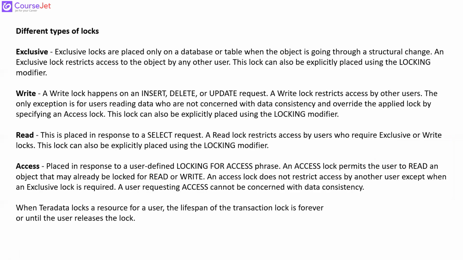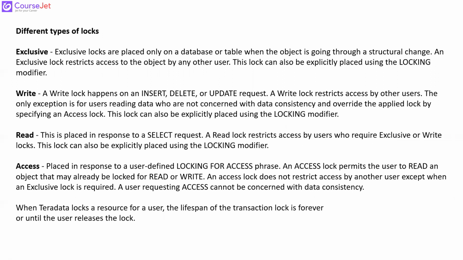So these are the different types of locks we saw earlier. So let's see in detail about this. Exclusive locks are placed on a database or table when the object is going through a structural change, like when you are modifying the structure.